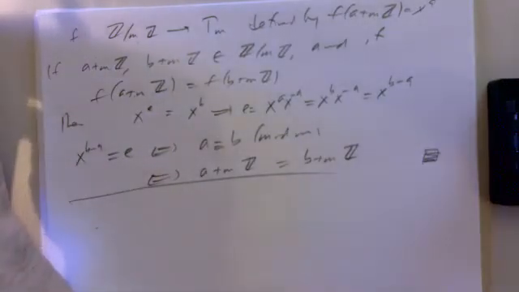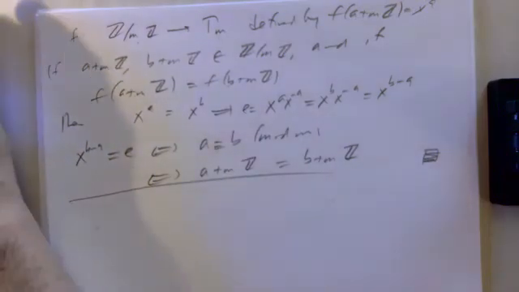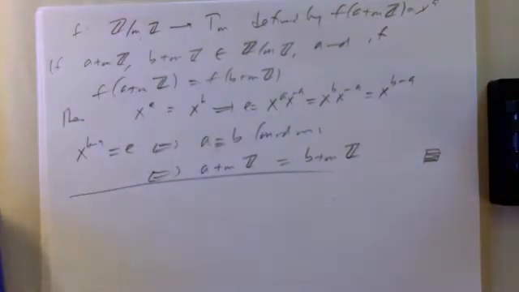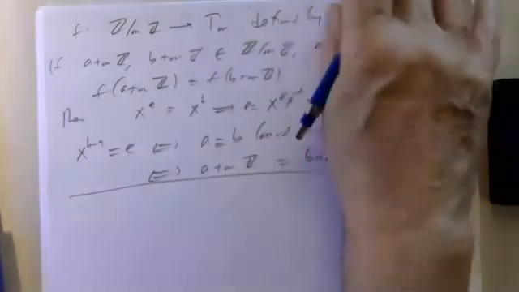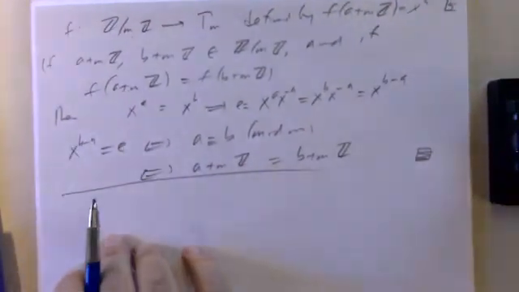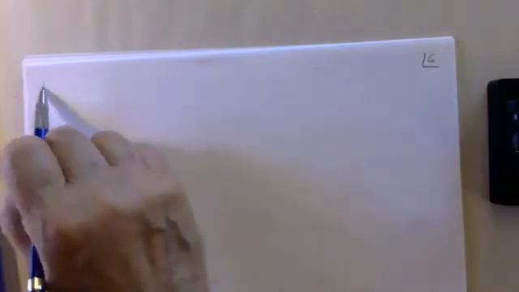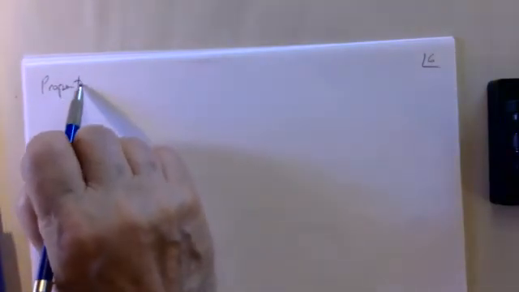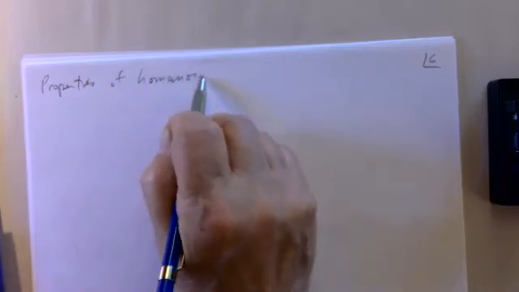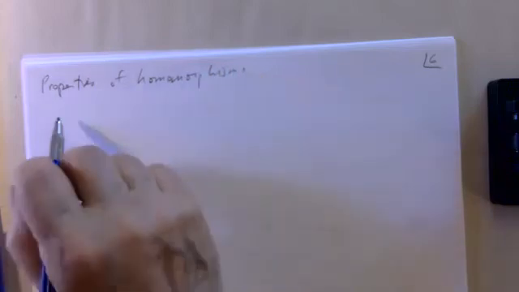If you look at the notes that I posted, section 5 on homomorphisms has a lot of properties of homomorphisms, and let me state some of them. So, properties of homomorphisms.